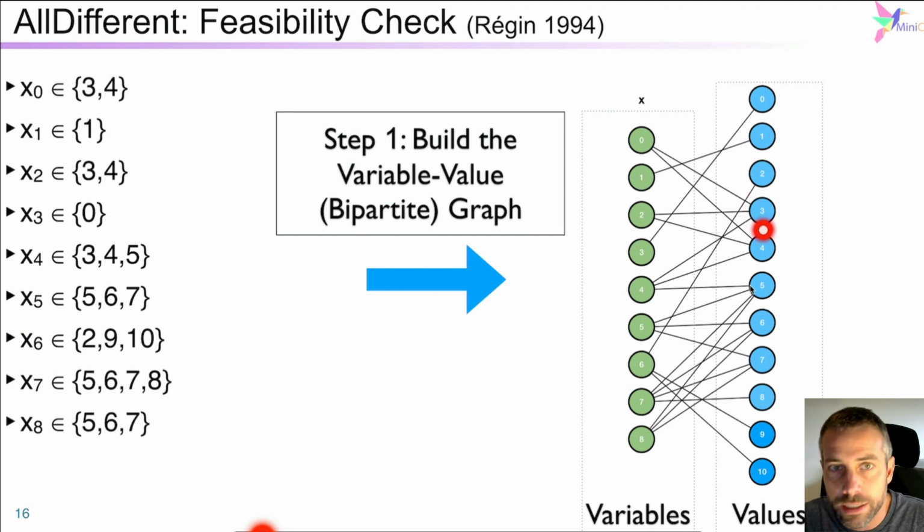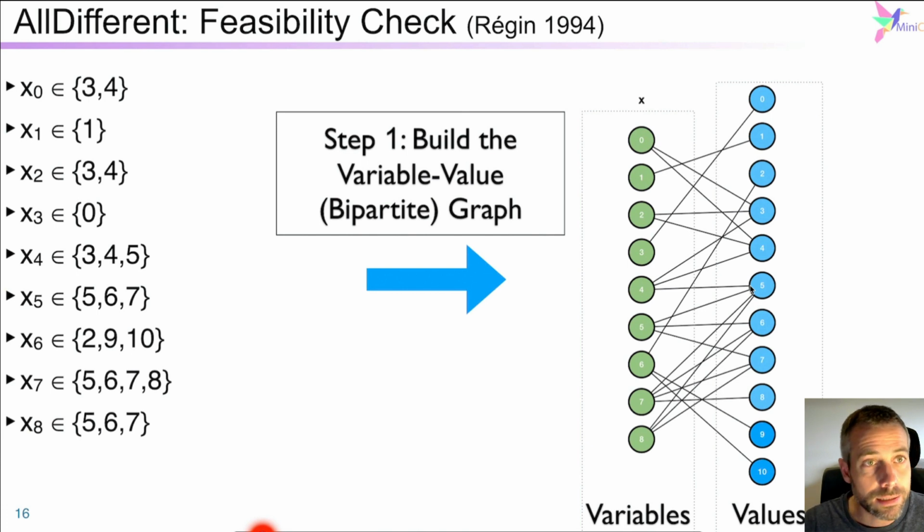So for instance here, you see that the 3 has an edge to x0 because 3 is a value that is inside the domain of x0. But there is no edge between 0 and 0 because 0 does not belong to the domain of x0. So that's the variable value graph.